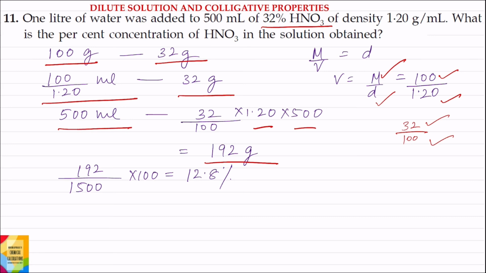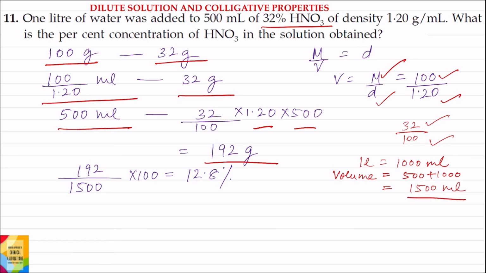Now, when 1 liter of water is added to this solution, water is the solvent, and 1 liter of water means 1000 milliliter of water. So the total volume of the solution becomes, initially volume was 500 milliliter, to this 1000 milliliter of water is added. So the new volume of the solution becomes 1500 milliliters.